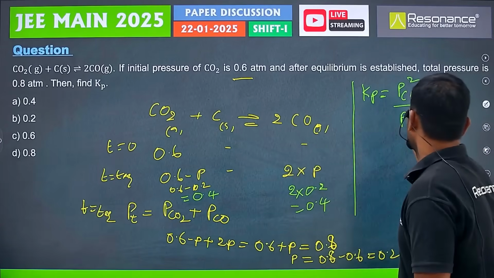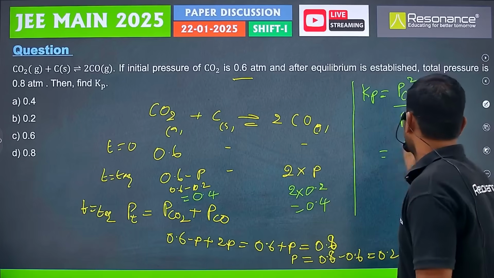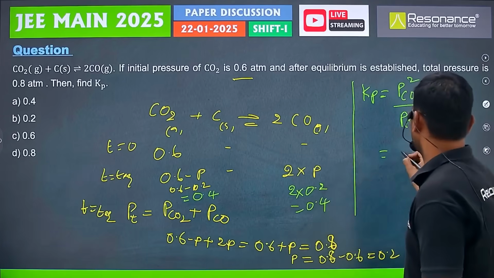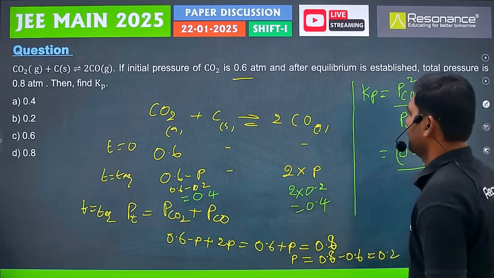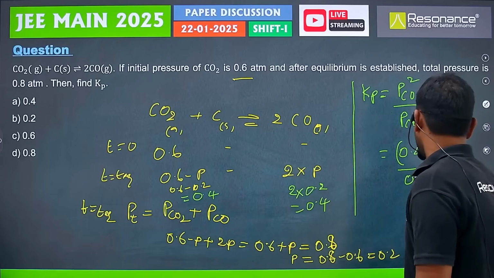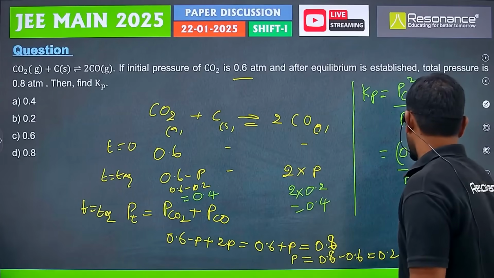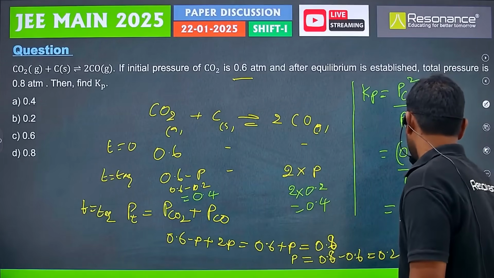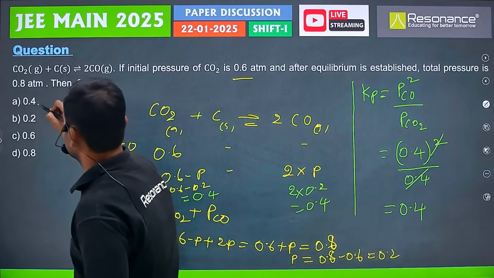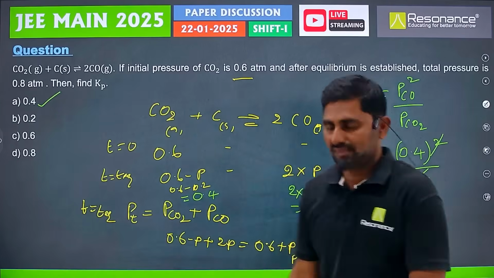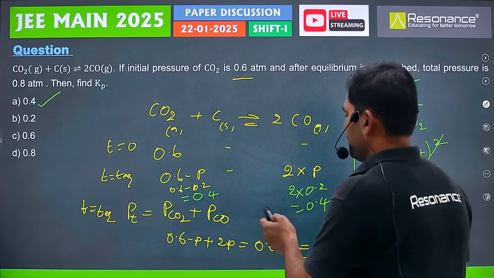Substituting, 0.4 squared divided by 0.4. Cancelling, we get 0.4. Which option is matching here? A. This is your right answer. See the next question.